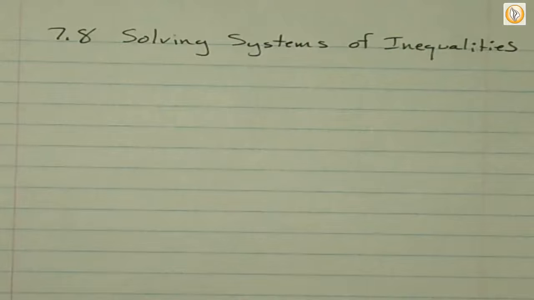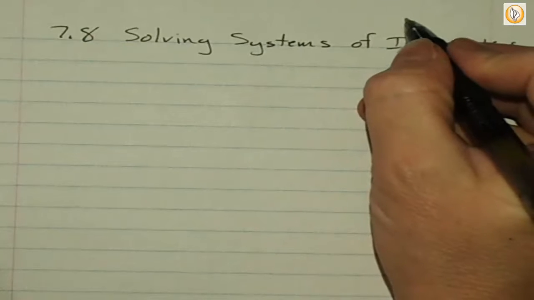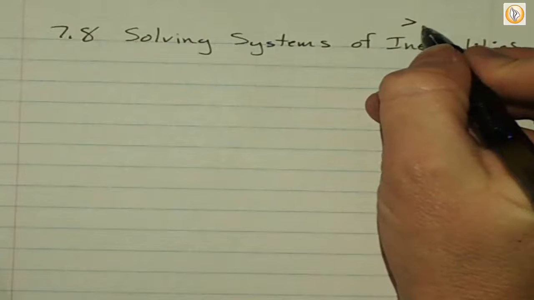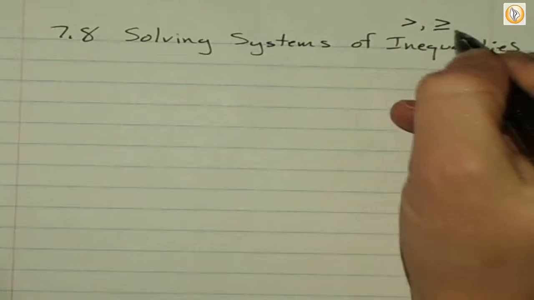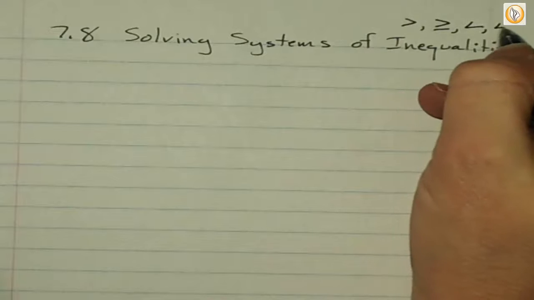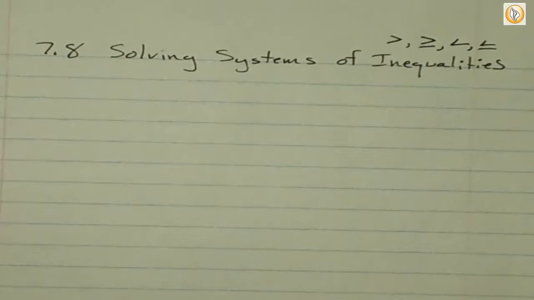What do I mean when we talk about inequalities? Aiden? Yes, we're talking about greater than or greater than and equal to, less than or less than and equal to, etc. Okay?